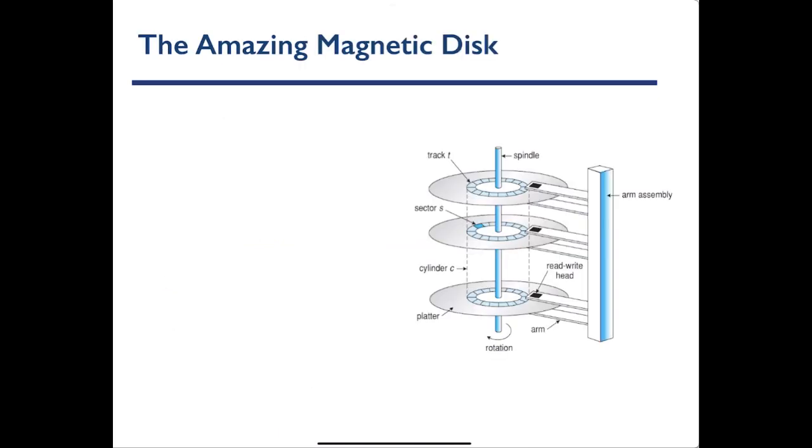Now let's start with the magnetic disk. My guess is within 5-6 years, nobody will talk about magnetic disks anymore. But right now, some usage still exists for these magnetic disks. They will eventually disappear as flash disks become more mature and more available, and the price on those goes down.